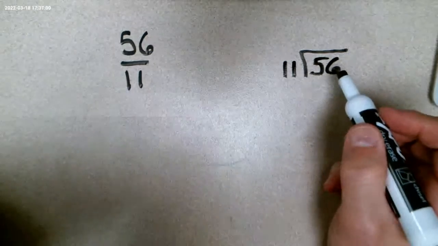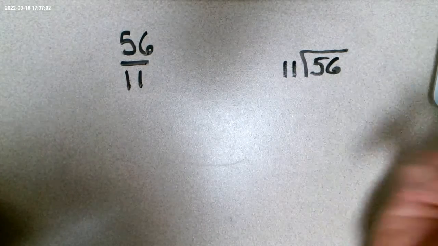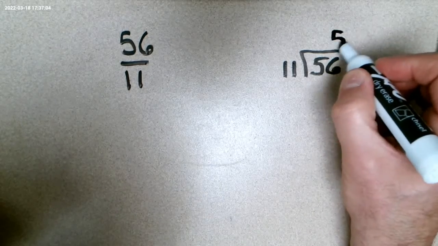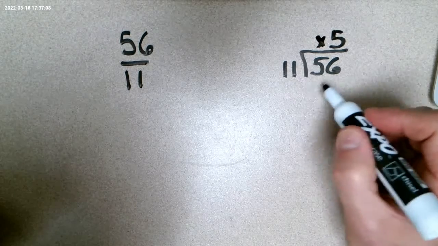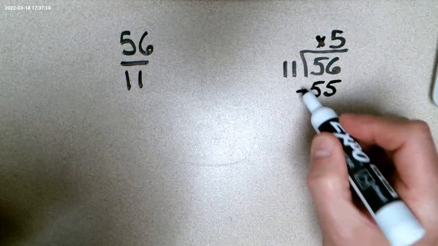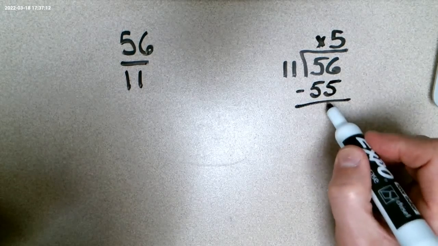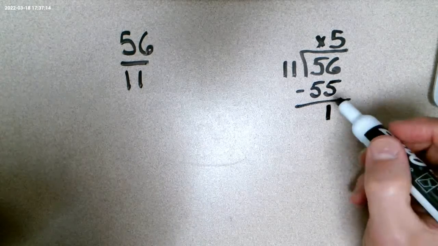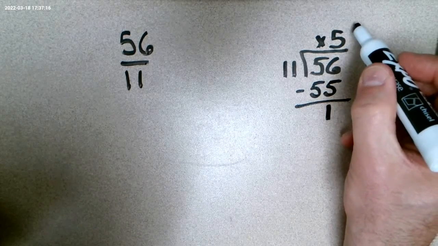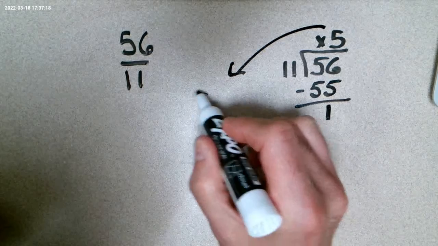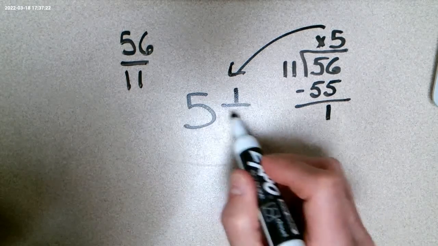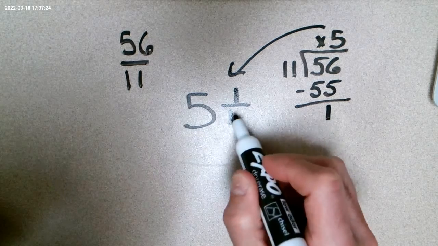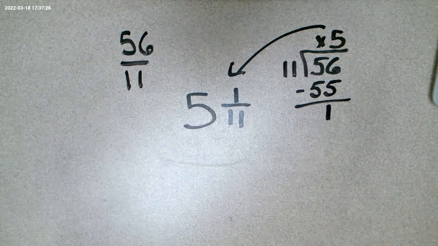So I have 56 over 11. All I do is I see how many 11s go into 56. The best way to do that is to just do a division problem. You have to do a little estimation. So 11 goes into 56 about 5 times. 5 times 11 is going to be 55. 56 minus 55 is 1.